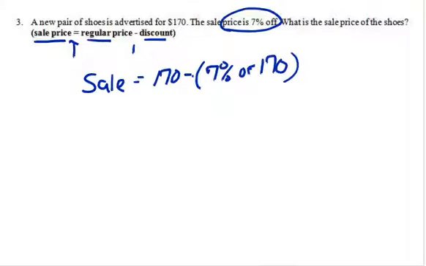As we said, the word "of" means to multiply, and instead of 7%, it is 7 hundredths. 7 hundredths as a decimal looks like this, 0.07. Remember, 7% means 7 per 100. Move that decimal point 2 places to the left.